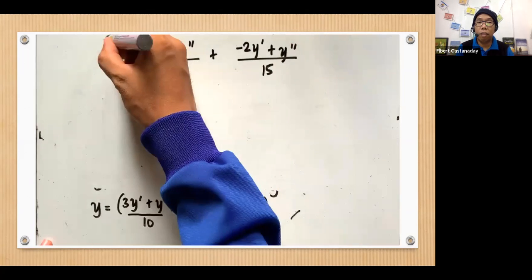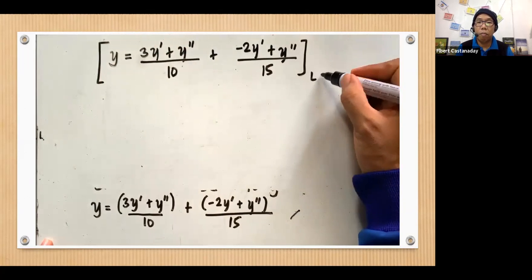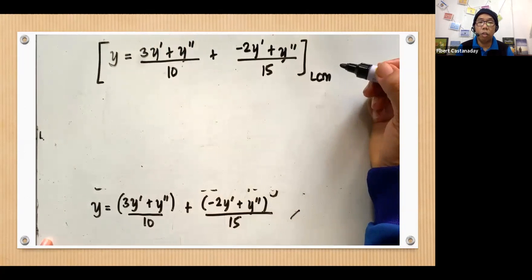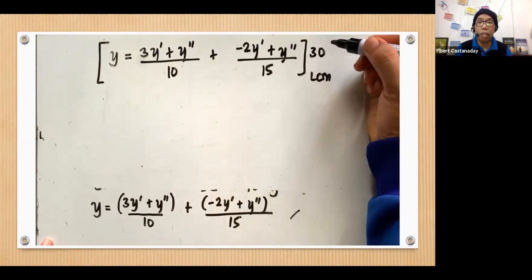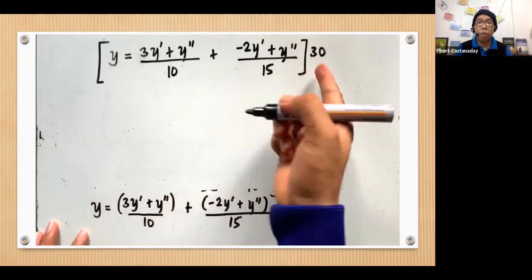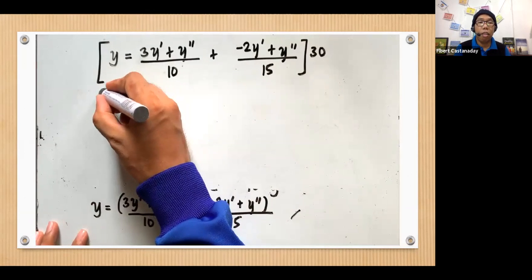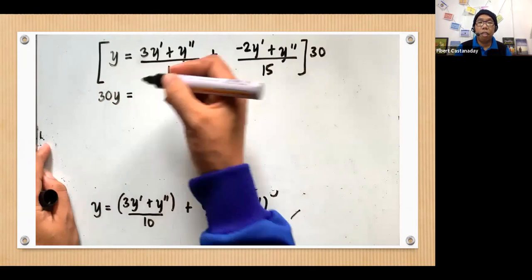Okay, so gawin mo yung least common multiple nila or factor. So, para matanggal natin yung denominator natin, 10 and 15. So, the least common multiple is 30. So, multiply the entire equation by 30. So, we have 30y sa left-hand side equals 30 divided by 10.